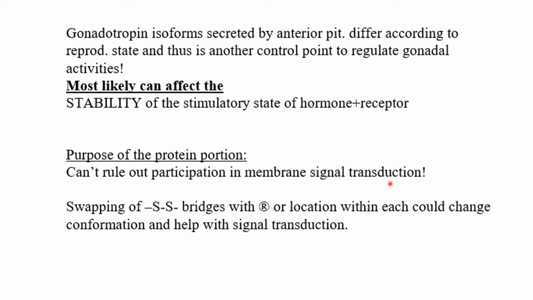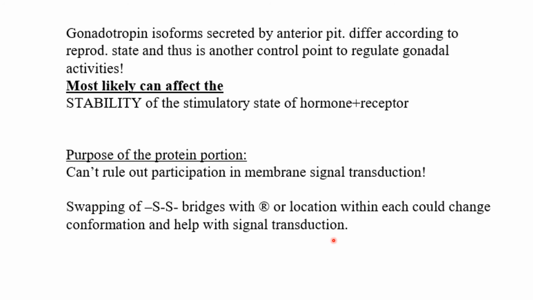And these isoforms may also be in charge of swapping out of the disulfide bridges with the receptor, or the different isoforms having a different structure could have a different three-dimensional location within the receptor, and could change the conformation and help with signal transduction.